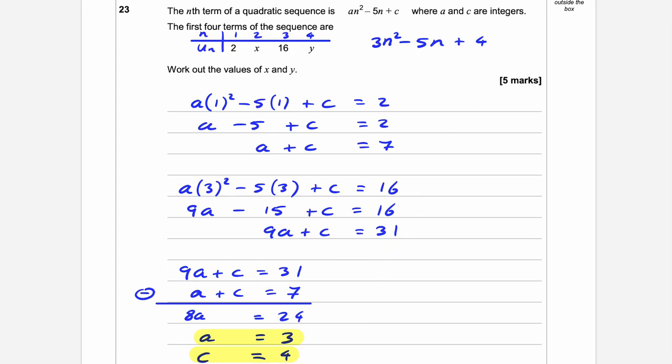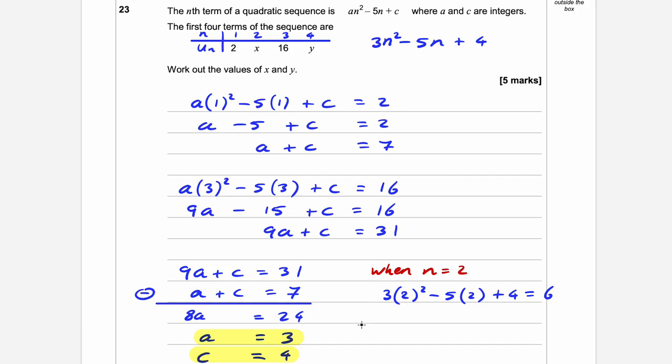So when n equals 2, the nth term is 3 times 2 squared minus 5 times 2 plus 4, which equals 12 minus 10 is 2, 2 plus 4 is 6.